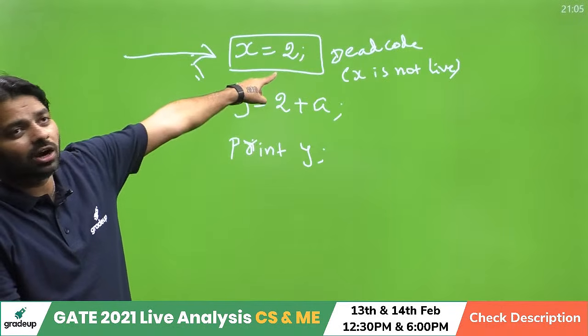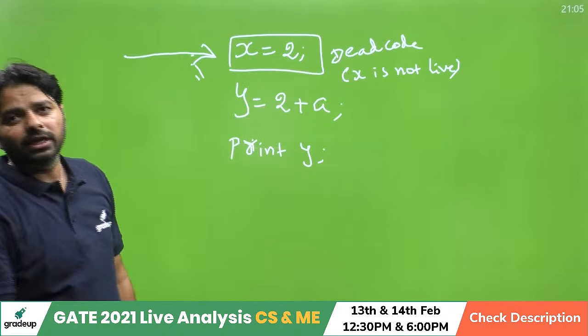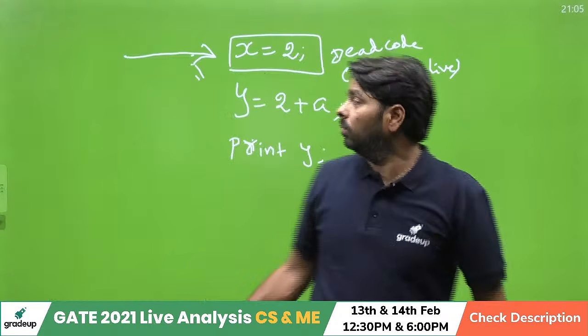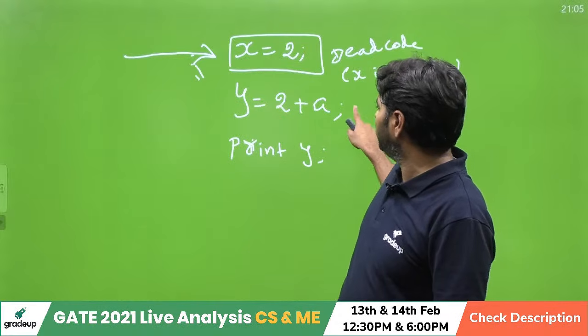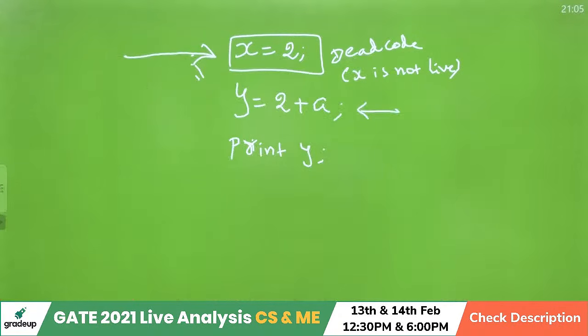That means x is not in the live set, so the statement is going to be dead code. Only a is live here, and y is live there.